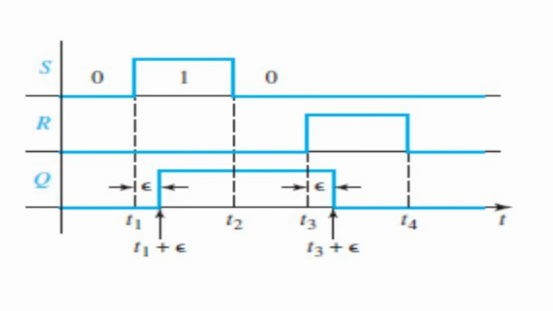Later, the value of Q changes to 0. So this is the explanation of the timing diagram for an SR latch flip-flop, which gives a clear explanation of how the SR latch works.